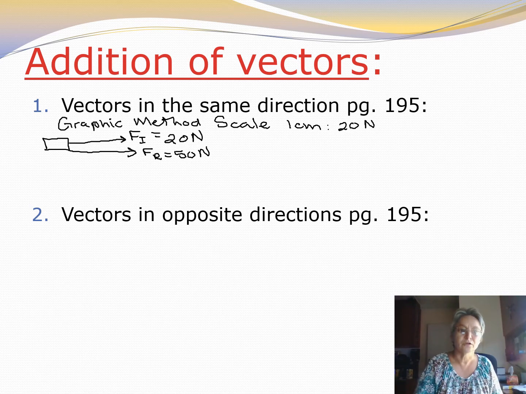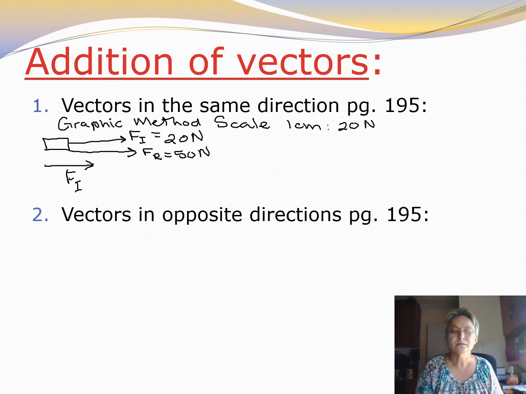So I need to start somewhere. Now 20 newtons would be 1 centimeter long if I use that scale. So there I have my F1. Now your arrow may not make the line longer or shorter. So my arrow is a little bit inaccurate there. There you go.